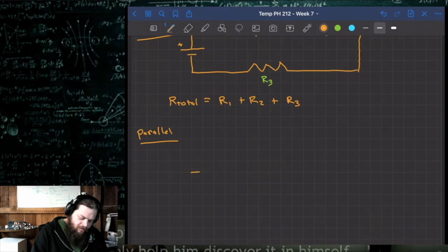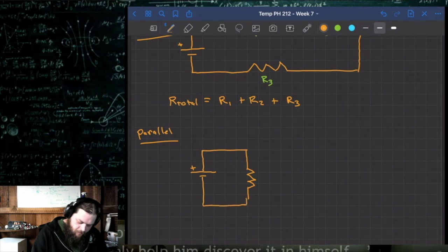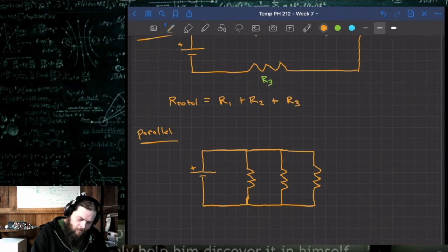And that's for series. If we want to talk about resistors in parallel, we could draw another circuit. This time, I'm going to draw 3 resistors in parallel. And here we can say we have R1, R2, and R3.